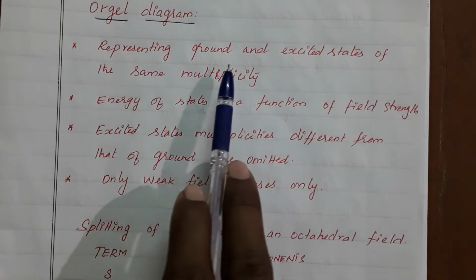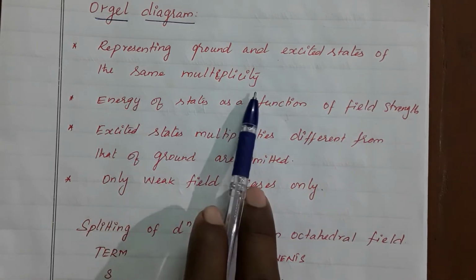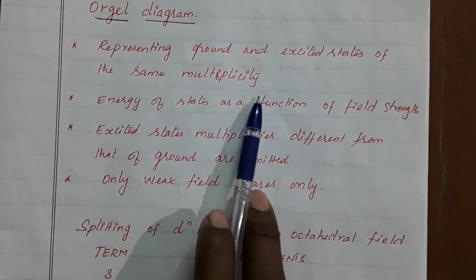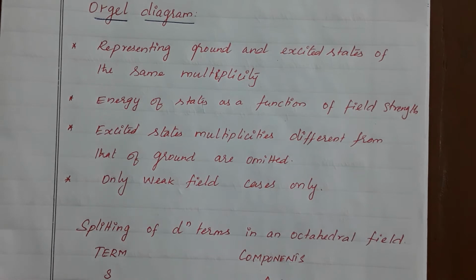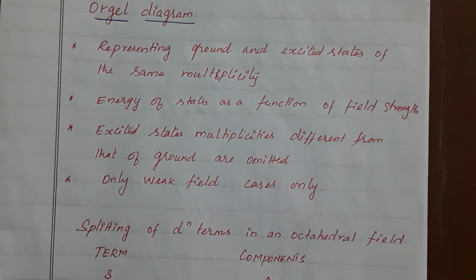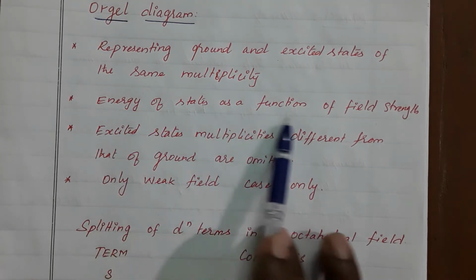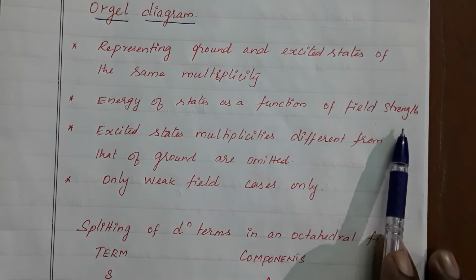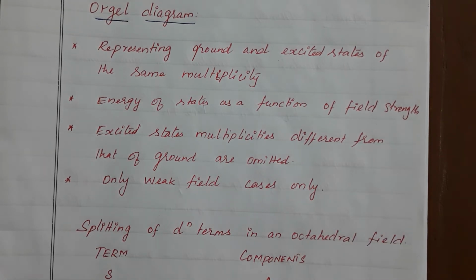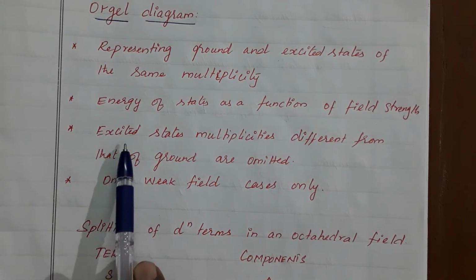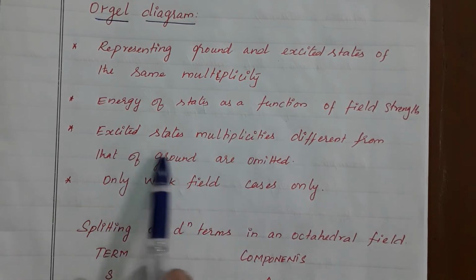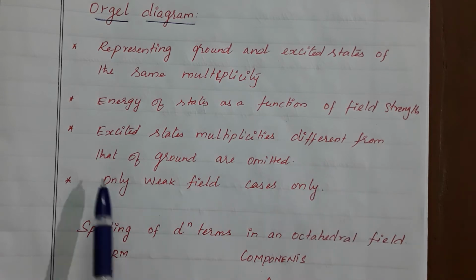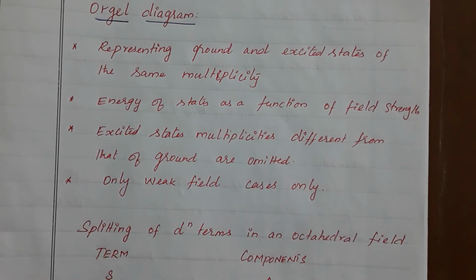It represents ground and excited states of the same multiplicity, because we do not take different spin multiplicities here. Energy of the state is taken as a function of field strength. Third, excited states with multiplicity different from the ground state are omitted.